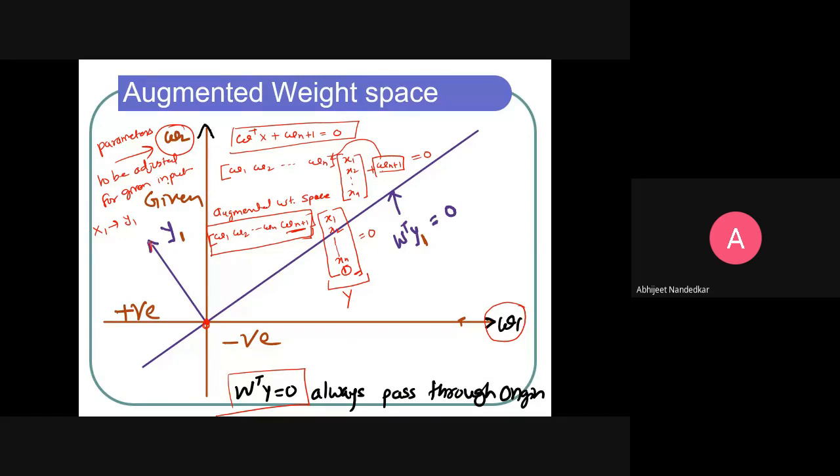So if you plot this y vector, say lying over here, a line perpendicular to that will give you the decision boundary automatically. Now this line has a positive side in this direction and a negative side in this direction. So immediately you can plot this line by knowing the augmented feature vector y.